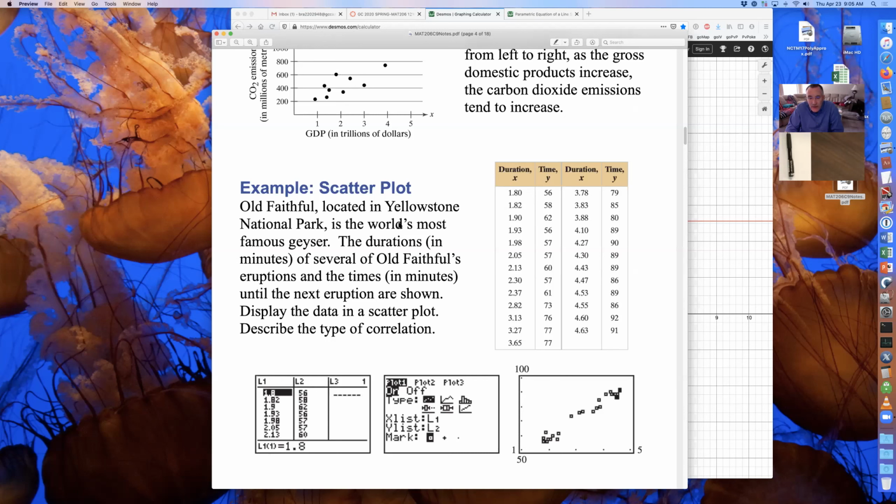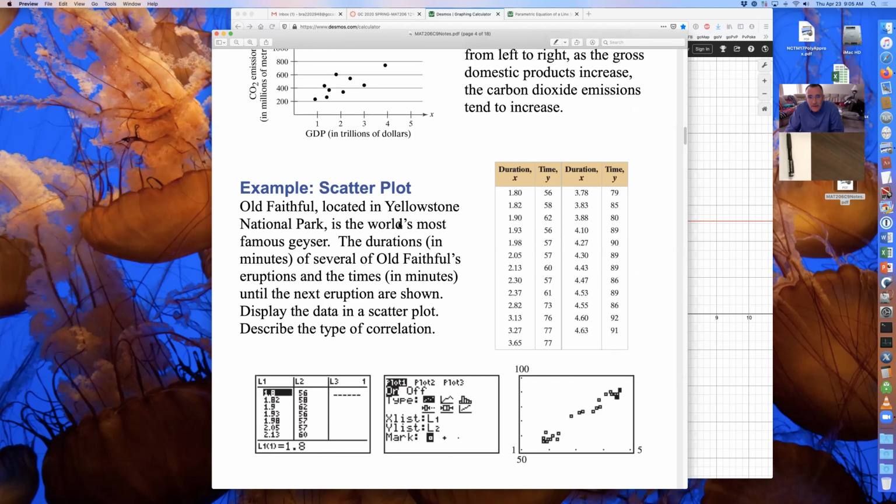So say you have a 2.5 minute eruption, then how long do you have until the next one? Do you have time to go eat lunch? Do you have time to go explore some more of the park? When should you be back? When should you anticipate the next eruption? And so what we want to do is make a scatter plot, and then see if there's a relationship or not.